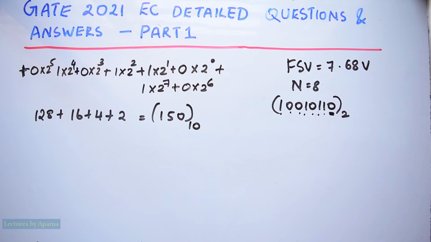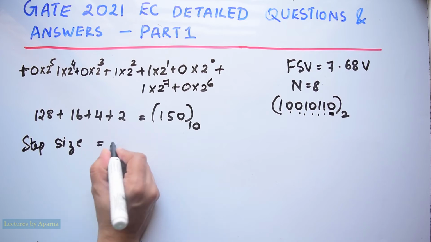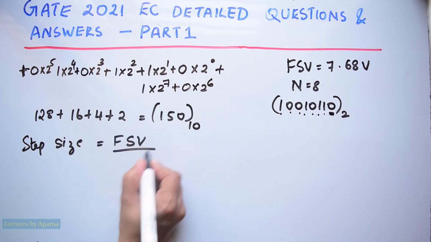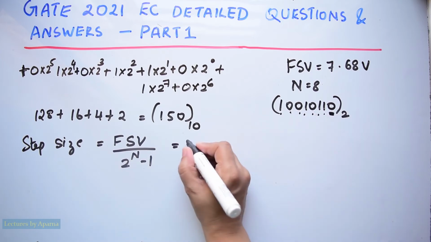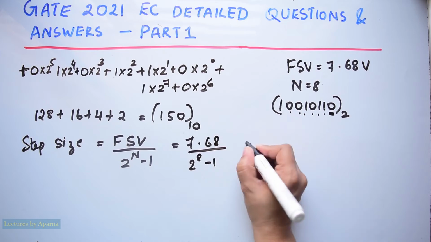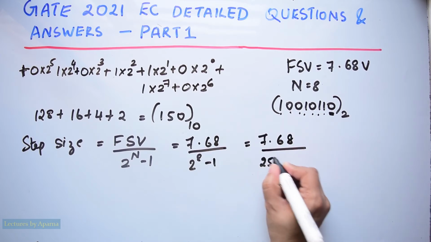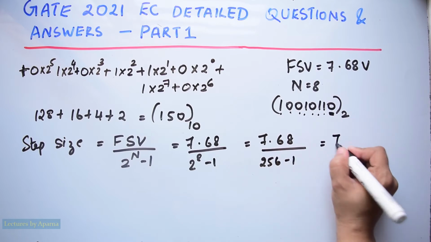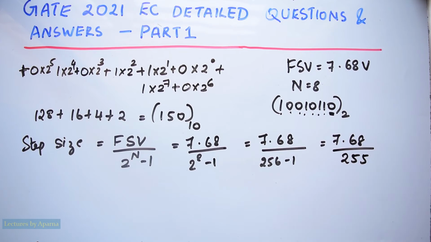Now we have to find the step size. Step size is equal to full scale value divided by 2 raised to n minus 1. So substituting these values, we can write 7.68 divided by 2 raised to 8 minus 1. This is equal to 7.68 divided by 256 minus 1, that is equal to 7.68 divided by 255.